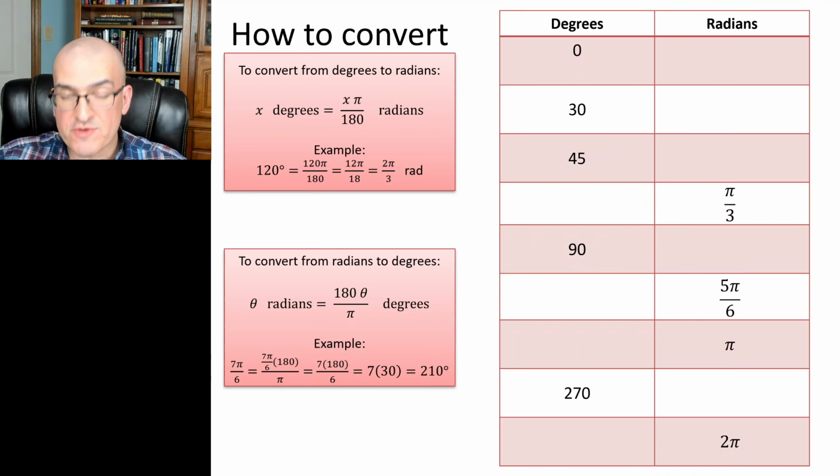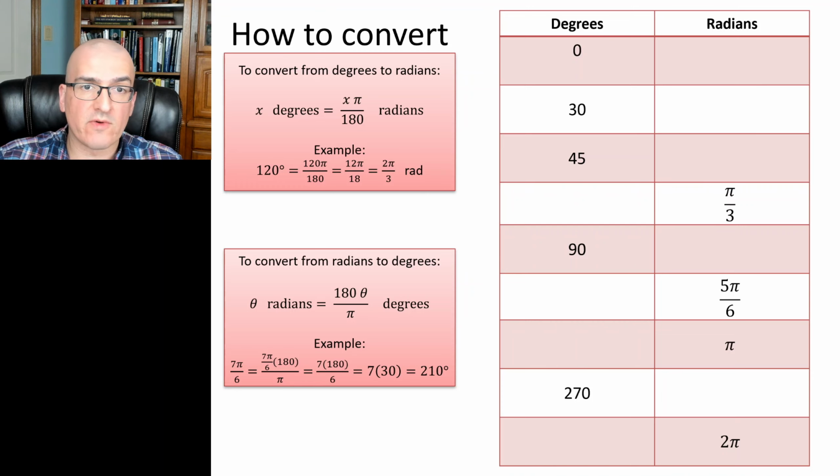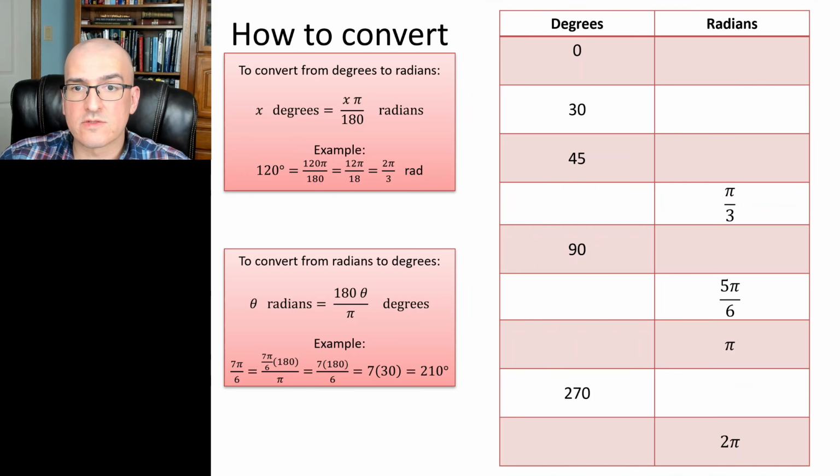One way is with a conversion formula. If you want to go from x degrees to radians, you would take the x and multiply it by pi over 180. So let's say you want to go from 120 degrees into radians. Well, you take the 120, multiply it by pi, and divide by 180. So first simplify by dividing out the 10. So 120 divided by 180 is 12 over 18.